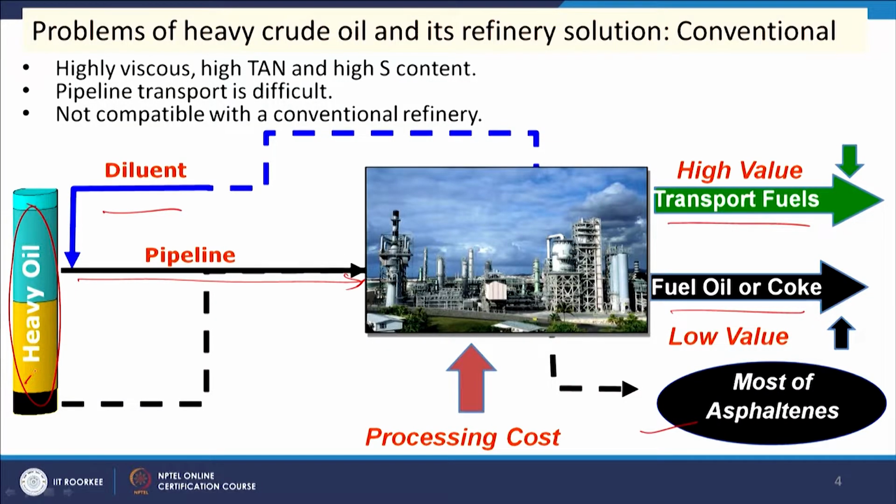But the difficulty is that this heavy oil is highly viscous, it has high TAN and high sulfur content, and pipeline transportation is also difficult. So, this is not compatible with the conventional refinery.